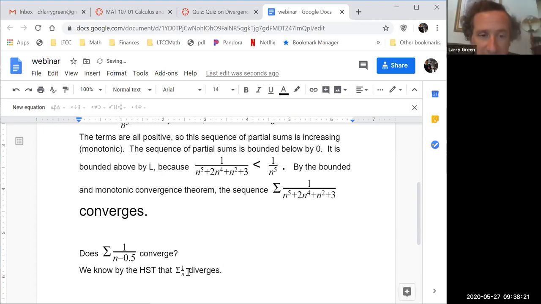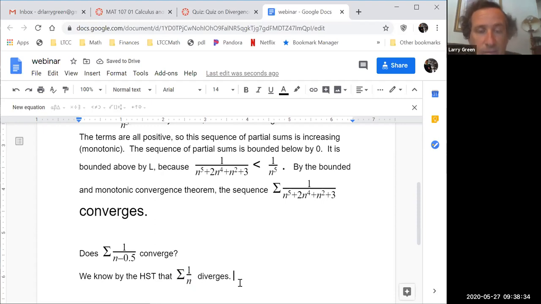That's the classic example of a divergent series. As I mentioned, we're going to be using it and talking about it a lot in this class, so get that one down. So we know that the summation of 1 over n diverges.